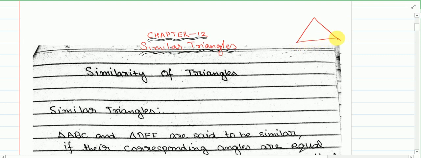Here I have drawn a triangle, and I have drawn this triangle. Let's say this is the first triangle and this is the second triangle. Clearly the first one is bigger than the second one, so size wise they are not the same, but it may happen that shape wise they are the same.